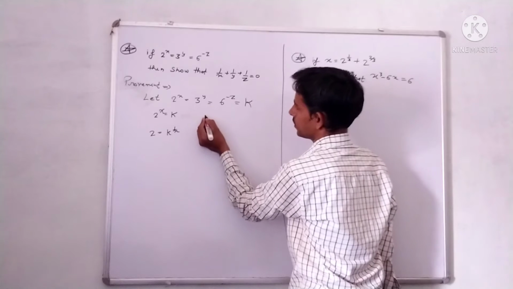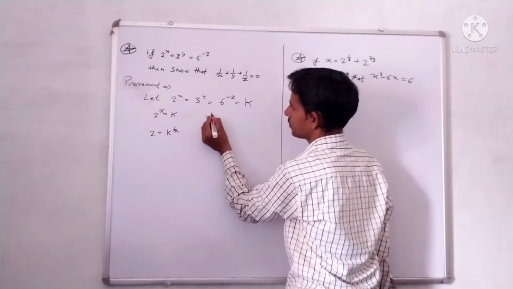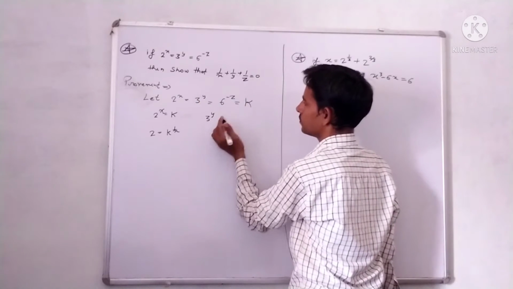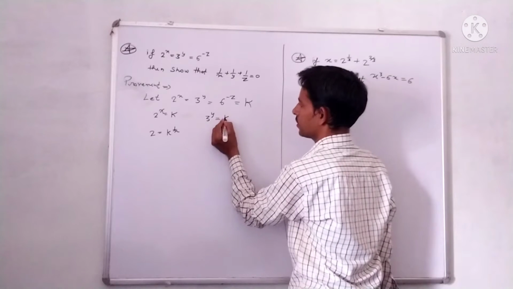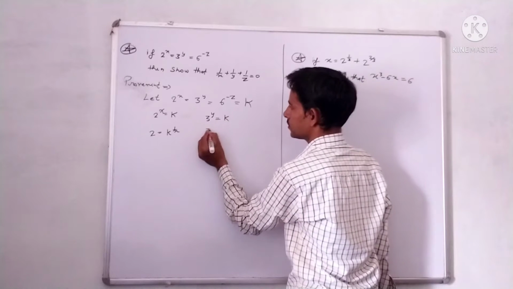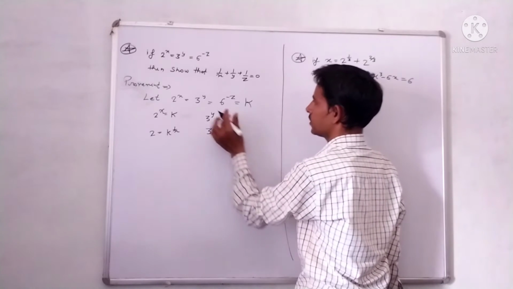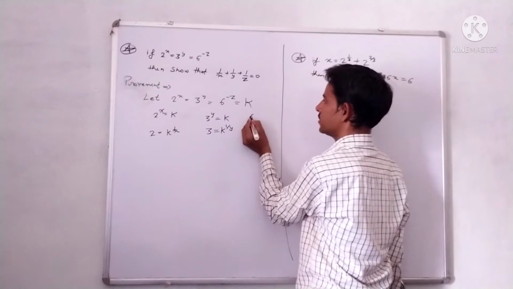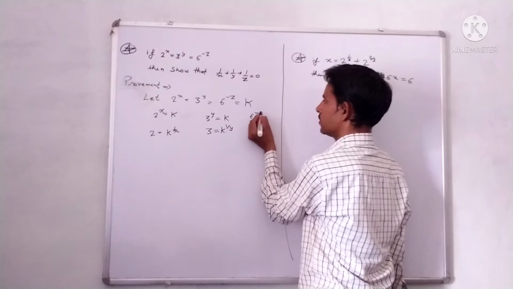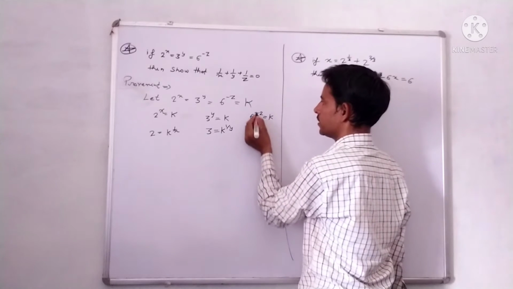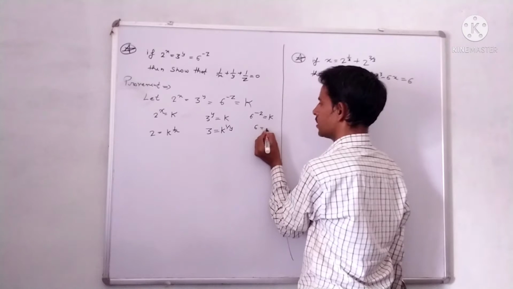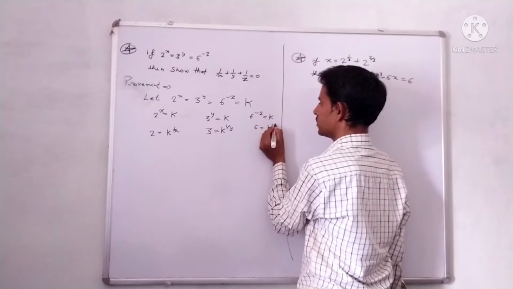Again here 3 power y equal k. So we can write 3 equal k power 1 upon y. Again 6 power minus z equal k. So we can write 6 equal k power minus 1 upon z.